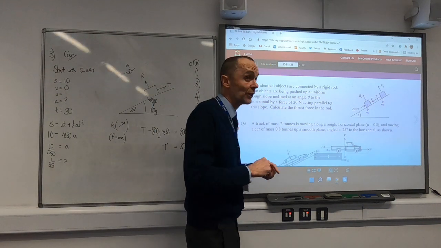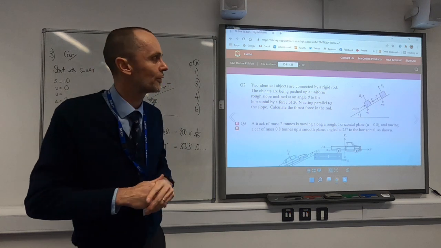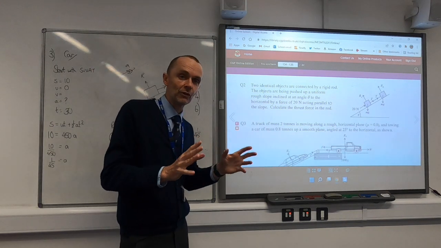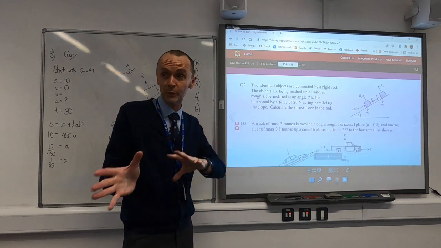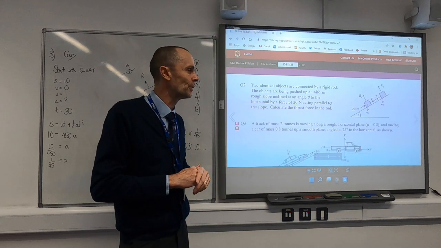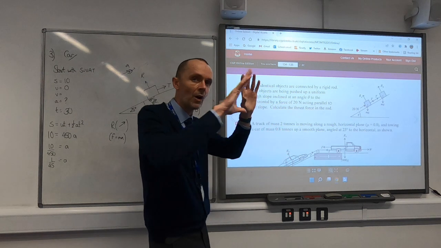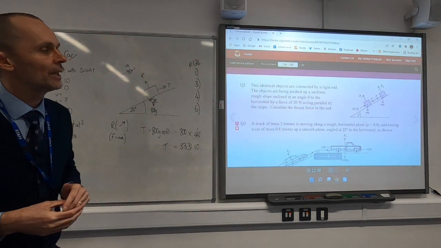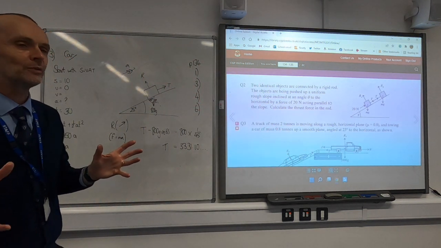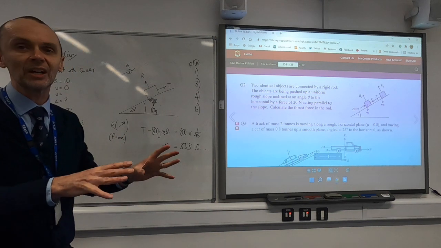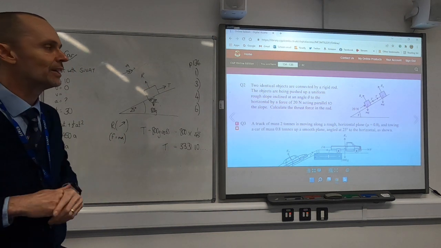And I have to say, for the next two questions that we're going to go through, I found it really tricky at first to decide which was which. Do I deal with them as separate blocks on a slope, or as one big block? It doesn't matter, because if you do it the wrong way, you'll just get stuck and go back and do it again. So it's not a huge problem.